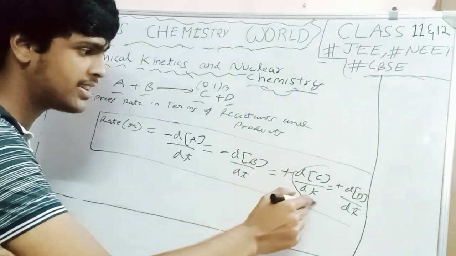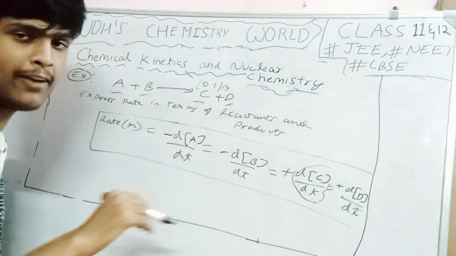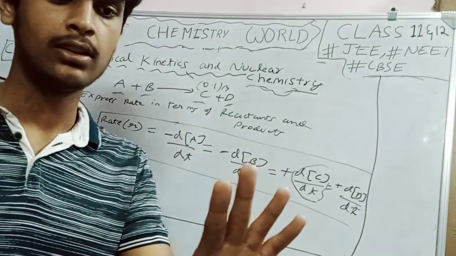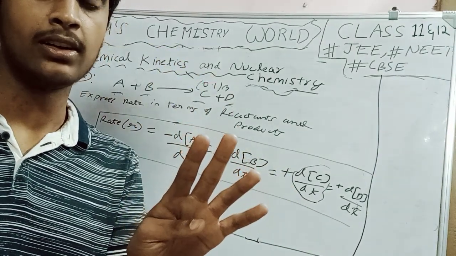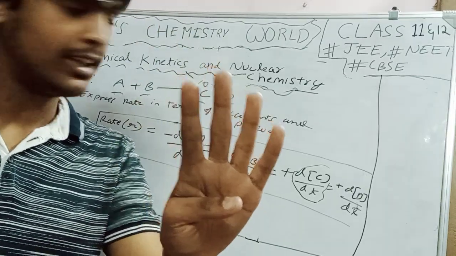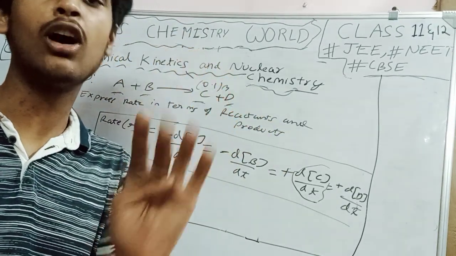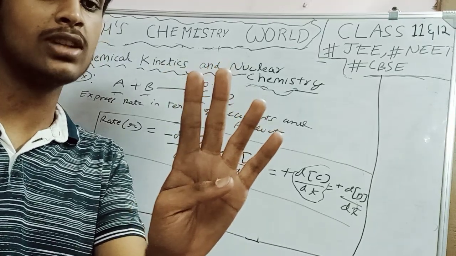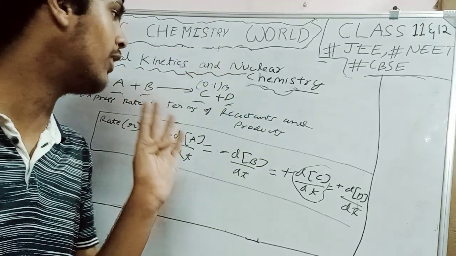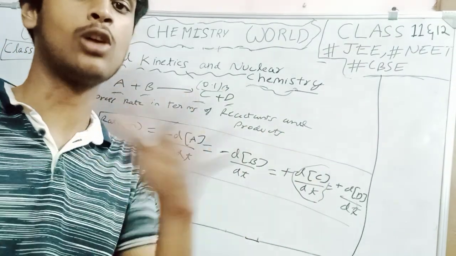This is just for representation purposes. If you are having the 4 components in the given reaction, that is A, B, C, D, you can find the rate of reaction by using any one of the components. Suppose if you are given with C, you can use this type of equation and solve it. That's it.